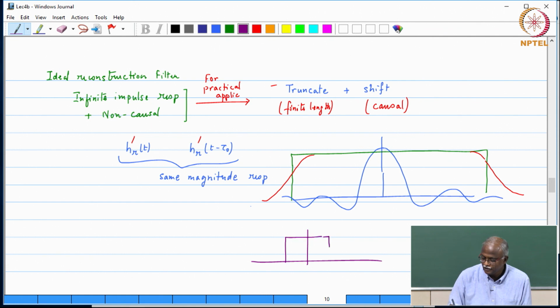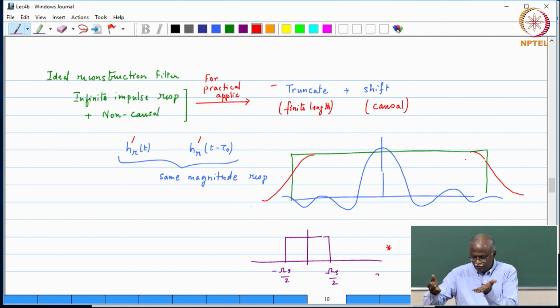So, the corresponding frequency domain interpretation: the ideal reconstruction filter is a brick wall filter which goes from minus omega s by 2 to omega s by 2. Now, the effect of truncation means that I am multiplying in the time domain, which means I have to do a convolution in the frequency domain. These windows, if you look at their response, are basically low pass in nature.